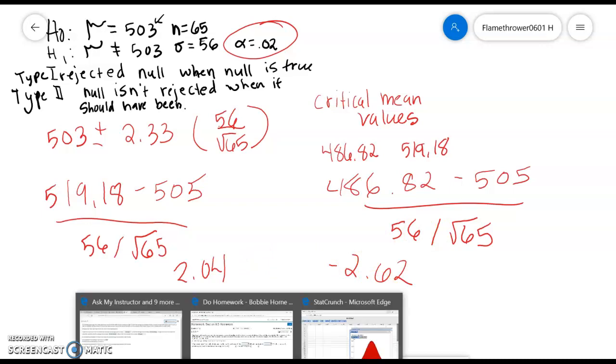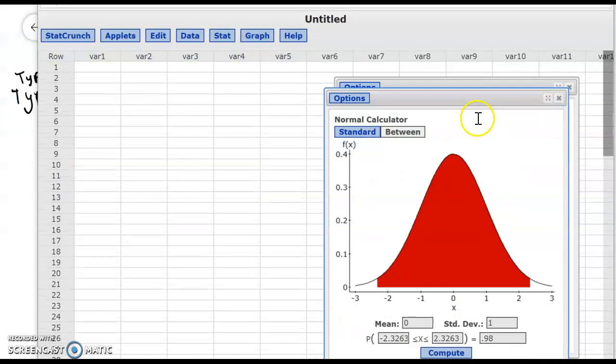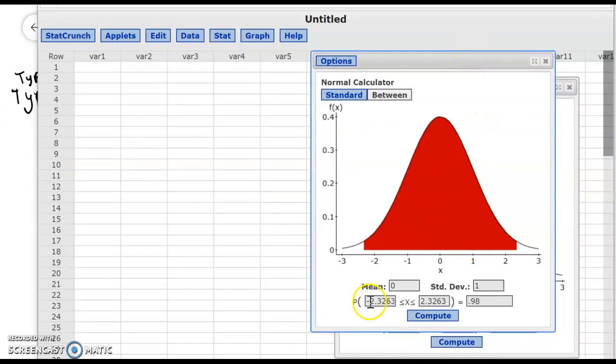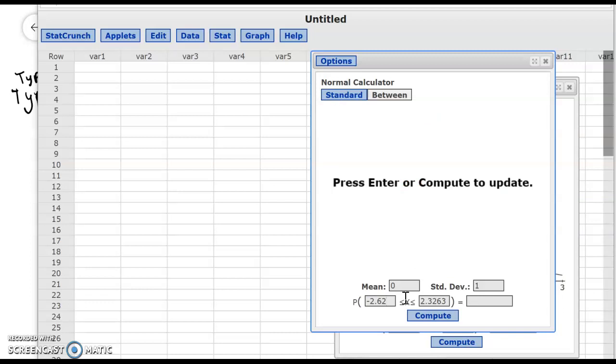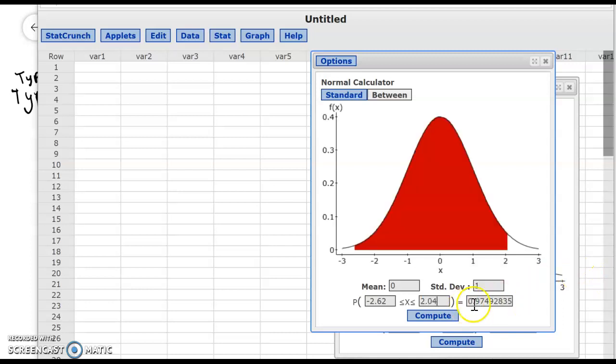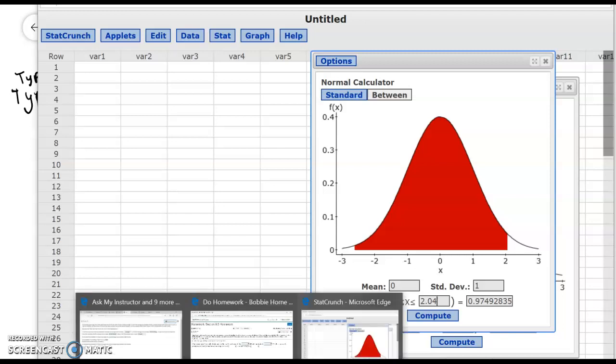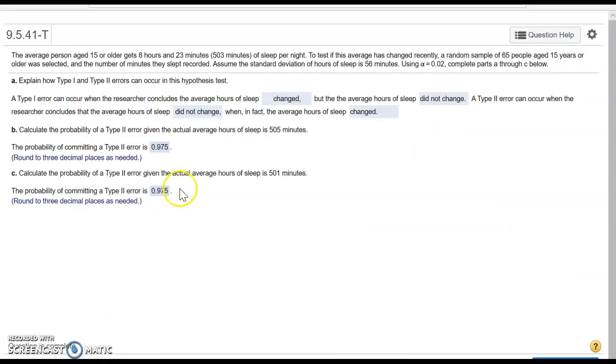If we put in our lower value, negative 2.62, and our upper value, 2.04, our probability rounded to 3 decimal places of getting a type 2 error would be 0.975. And that is what we got.